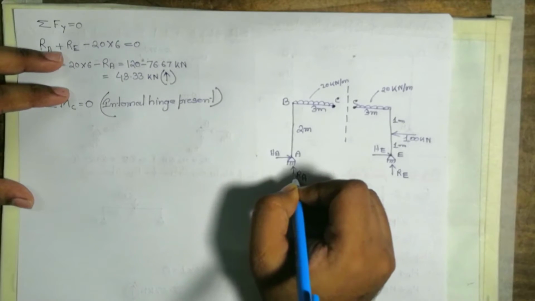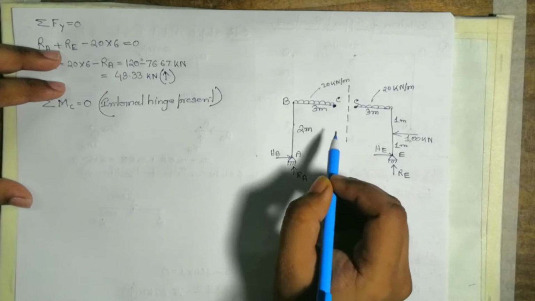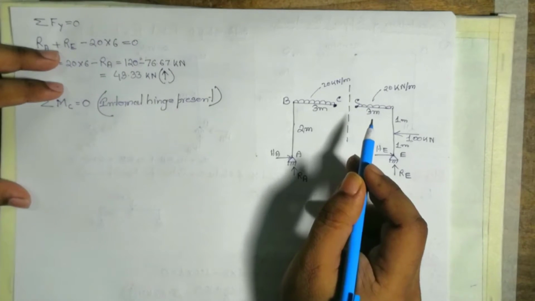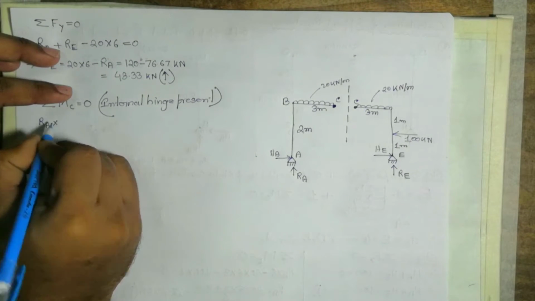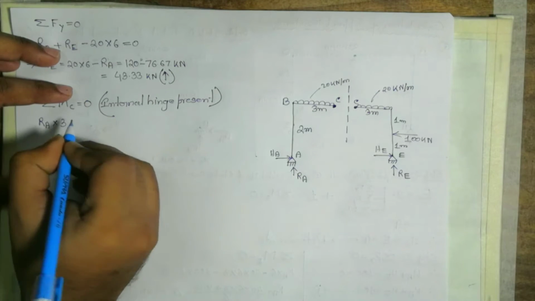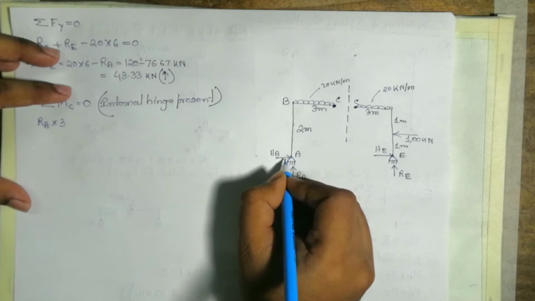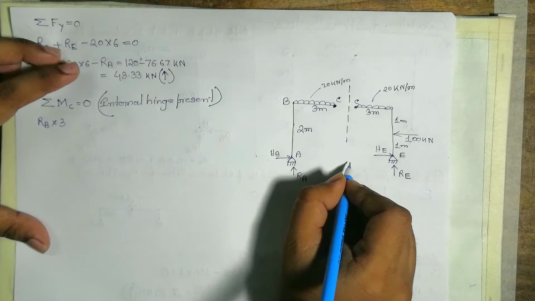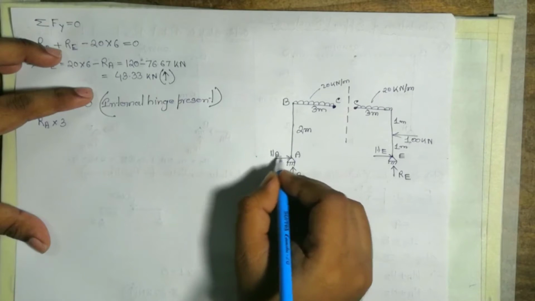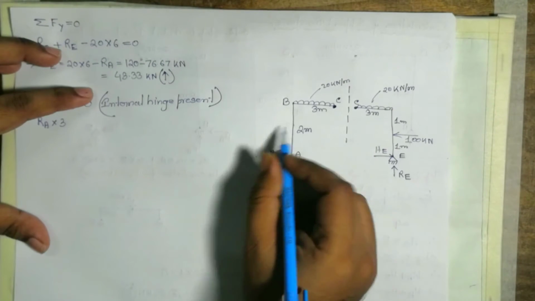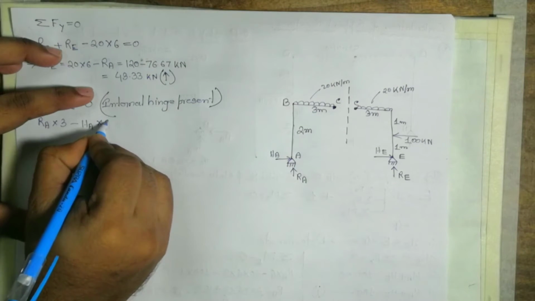From here we know that RA is acting upward 3 meter away from point C and it is in clockwise direction, so we write RA into 3. Similarly, we have assumed HA to be acting along the positive x-axis, and the rotation about point C is anti-clockwise, so we write minus HA into 2.